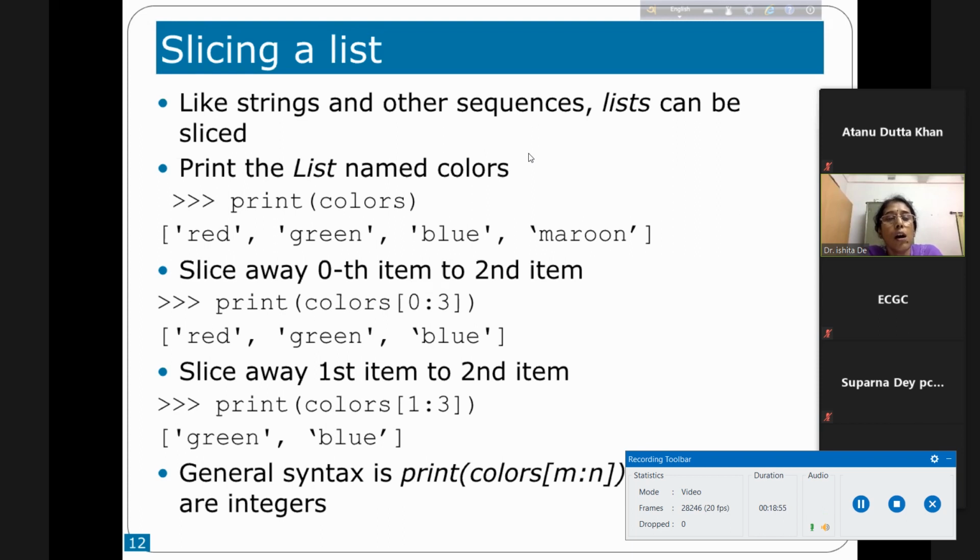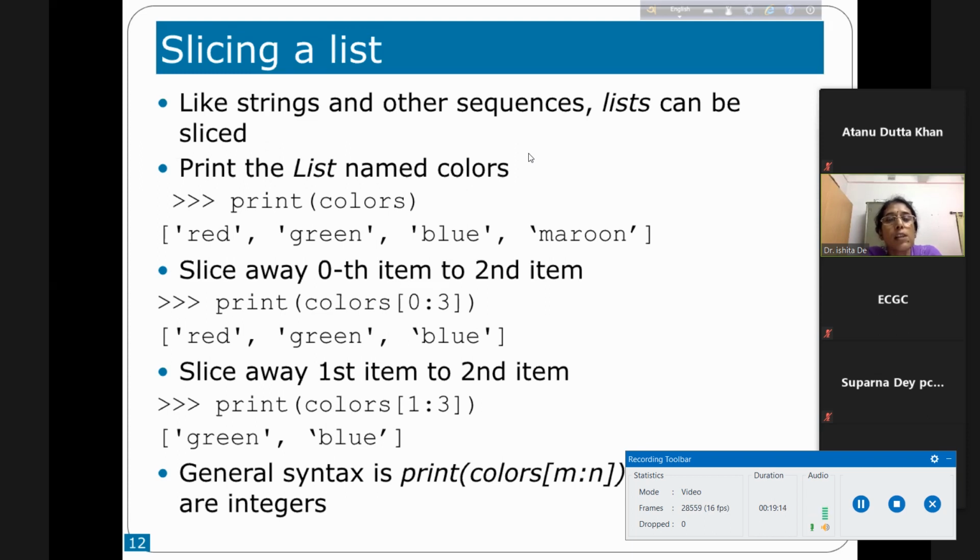Now, if we want to slice out the first item to the second item, meaning index 1 up to index 2, then we shall use in square brackets colors[1:3].